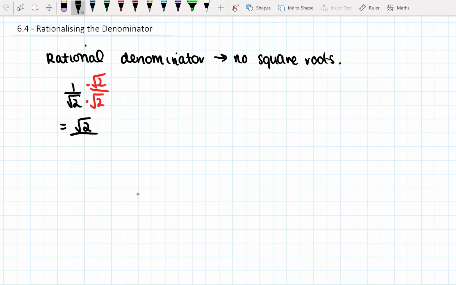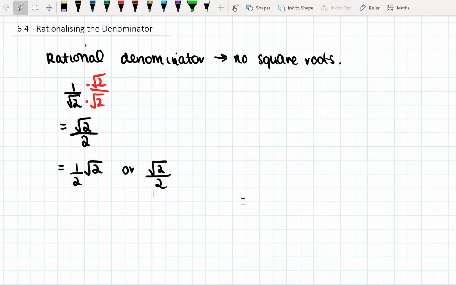The denominator is root 2 times root 2, and that answer is 2. So we get a nice answer here. We get a half root 2, and this is our answer. This is now with a rational denominator. You can also leave it as root 2 over 2. That's also perfectly fine. It depends what you want to use it for as to whether you'll leave it in whichever form.